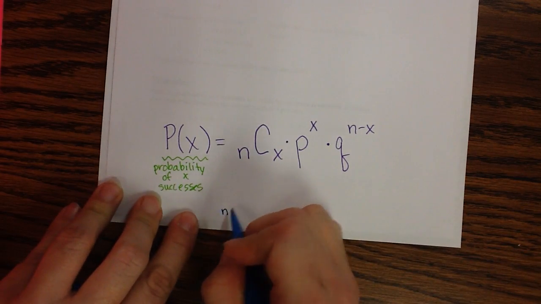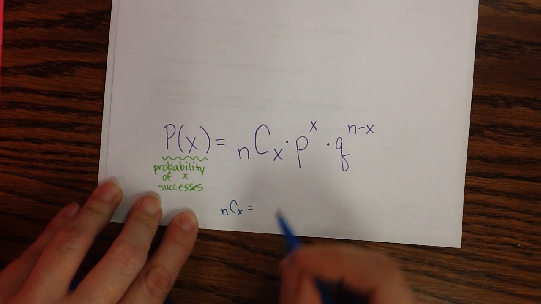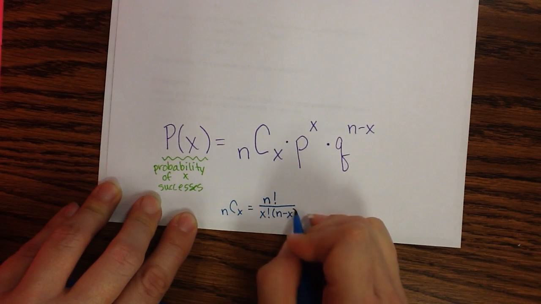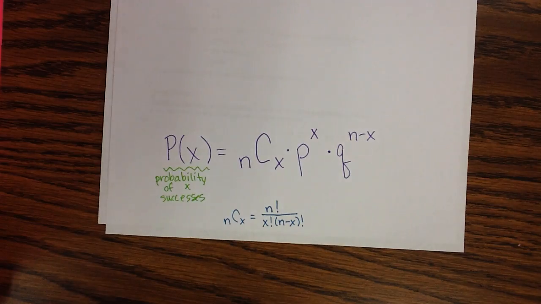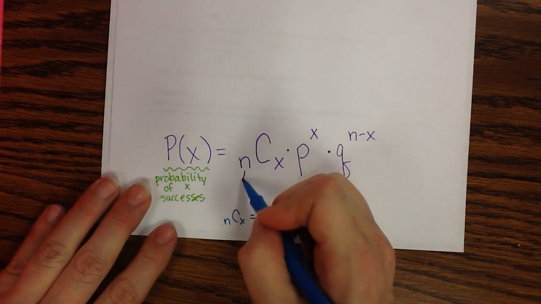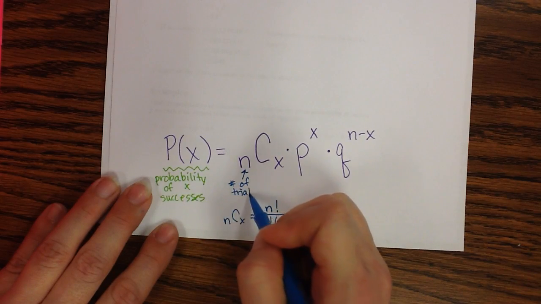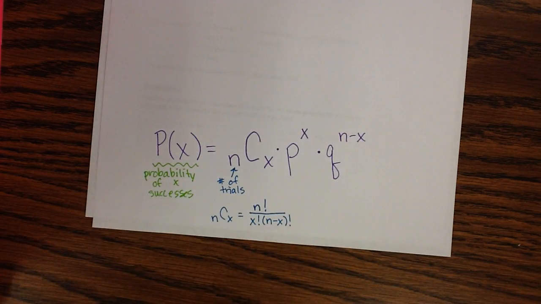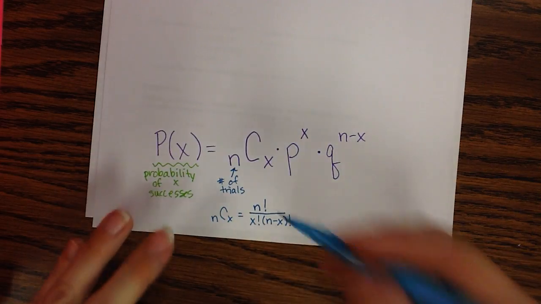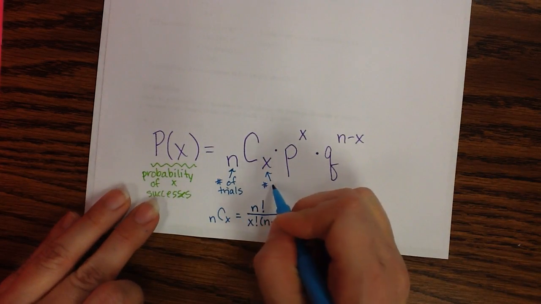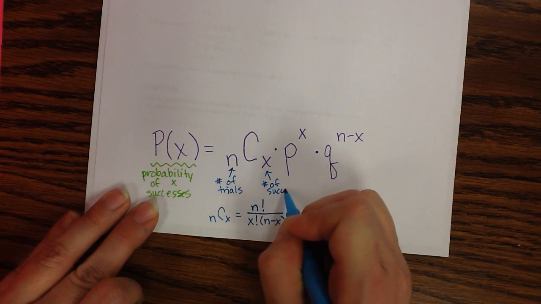Remember that the formula for nCx is n factorial divided by x factorial times n minus x factorial. So n is the number of trials. x is the number of successes.